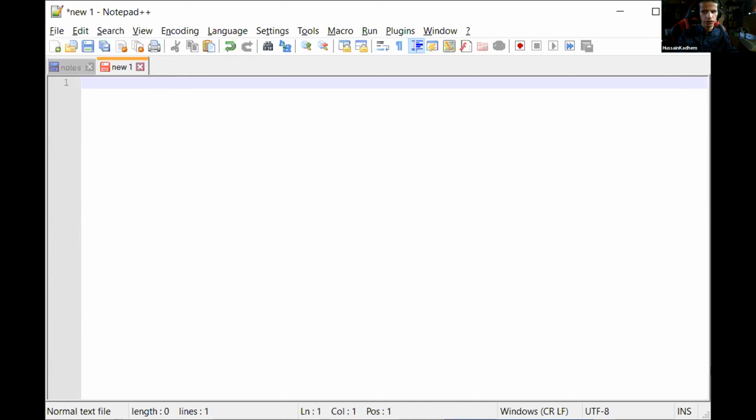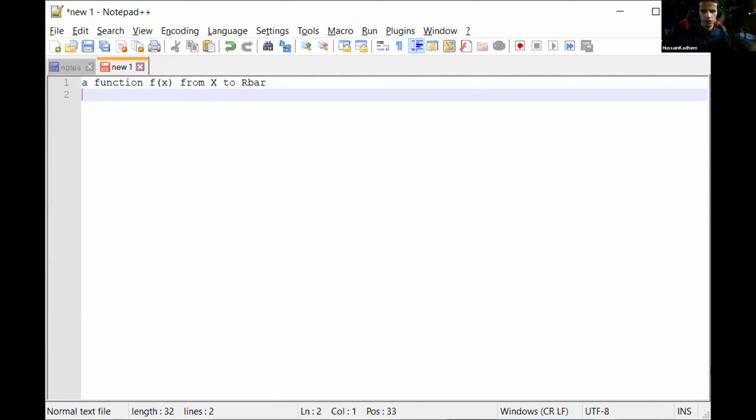So in general, say we have a function f of x from some space X, which is nice, to R bar, which we want to minimize.